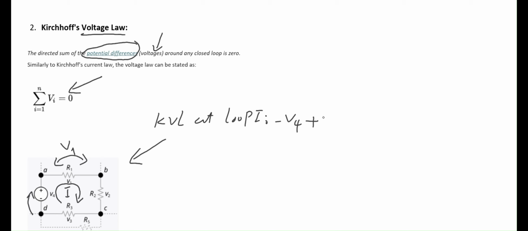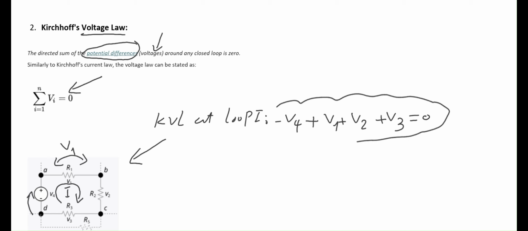So negative V4 plus V1, and the voltage across R2, which is called V2, plus the voltage across R3, which is V3. And again, we'll reach the same point, which is node D. Then I call it 0. That's the KVL equation. It's the same in all circuits, but there are some challenges and complications that we're going to walk through together.